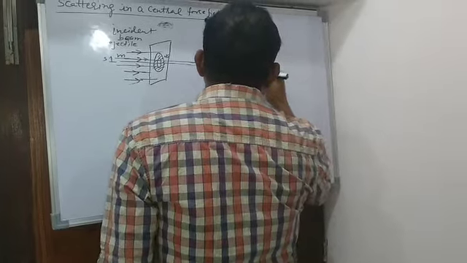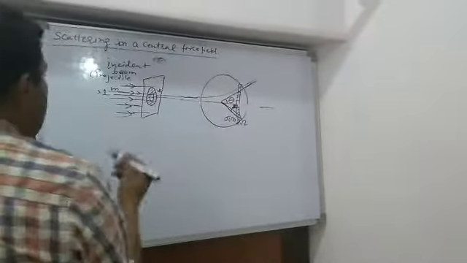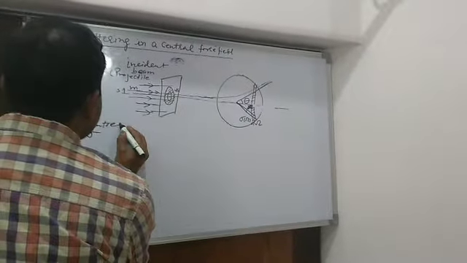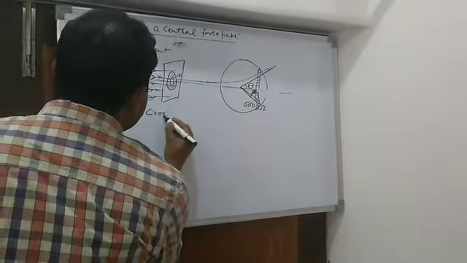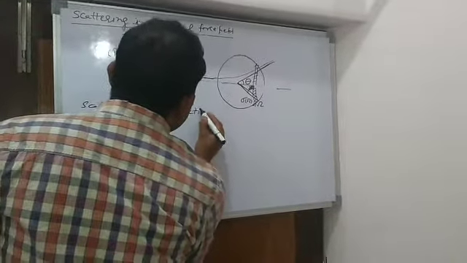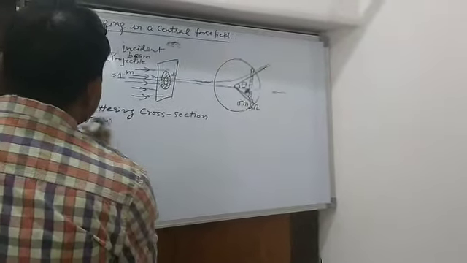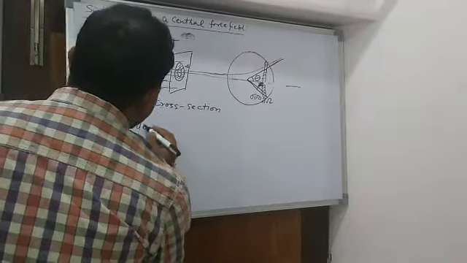This is essentially the d theta, or d omega rather. So what is the scattering cross section, as we just said? This is also known as the differential cross section. This is given by the following formula then.